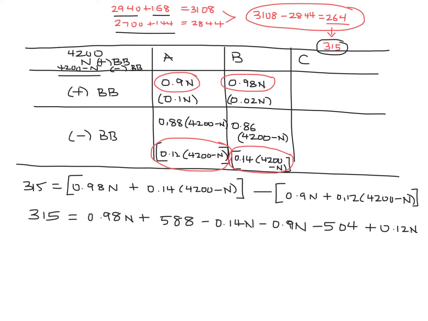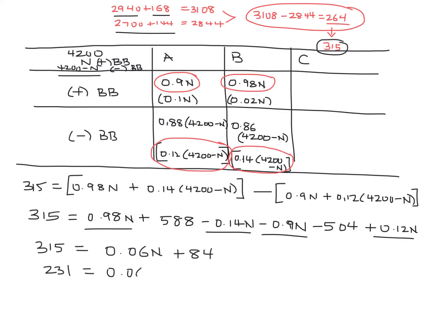Okay, hopefully there's no mistakes there. And then this guy and this guy combined to give you, and this guy also, 0.06N. And then we have some numbers, right? Plus 84. And then this one becomes 231 equals 0.06N. Divide through by 0.06, and that would give you 3850. There you go.